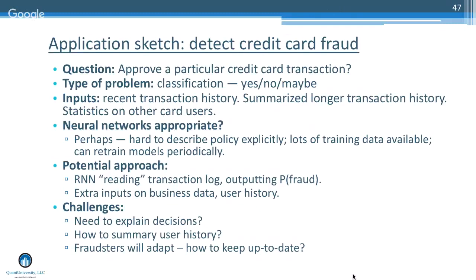We had a rule that said, if your name is Victor and you have a purchase of more than $500, we reject it. But if your explanation is like, well, this giant pile of 1 million parameters or 1 billion parameters said that the probability was 0.3 and we thought that was too high, that can be hard.